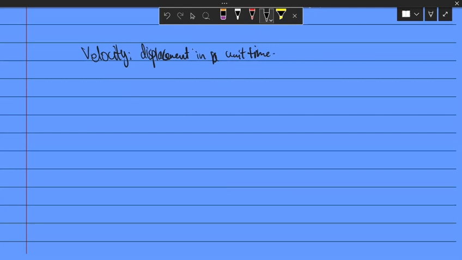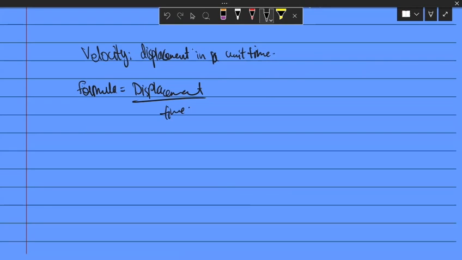So what's the formula for velocity? As the formula for speed was distance upon time, the formula for velocity will be displacement upon time. Okay.